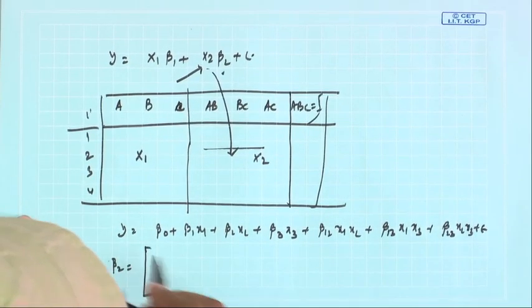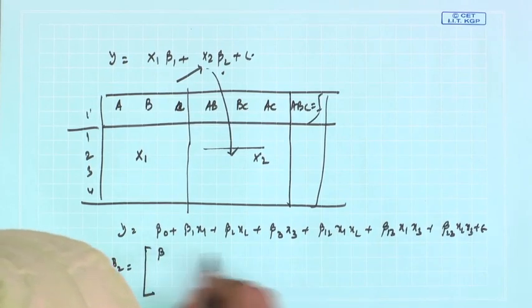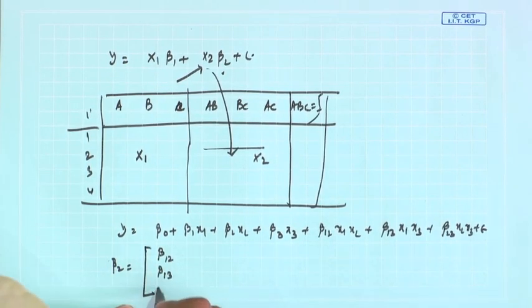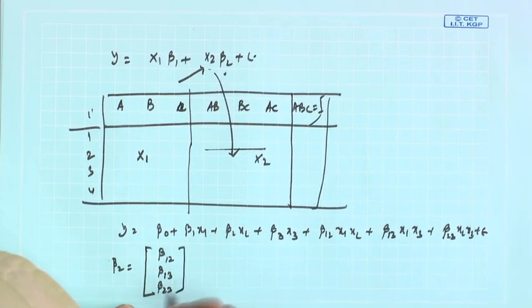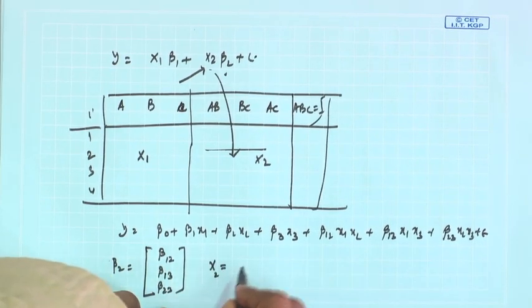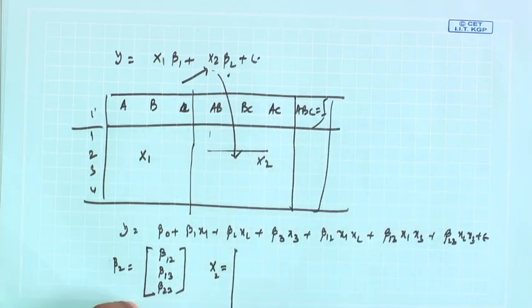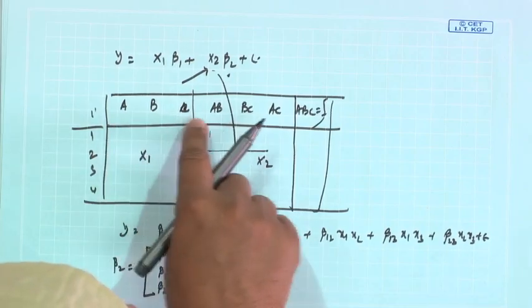Beta 2 is your beta 12, beta 13 and beta 23. What about x2? x2 is this 3 by 4 matrix. You know A, B, C is known.